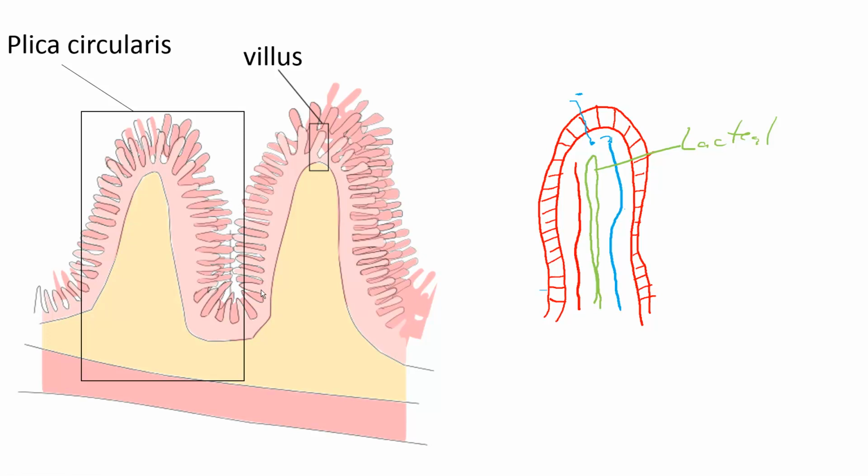So if we look at a micrograph of a small section of the small intestine, we see that it is a simple columnar epithelium. It is a goblet cell epithelium, so here we can see a goblet cell. But what I really want to draw your attention to is the apical surface of the mucosal epithelial cells, right here. See how it looks kind of fuzzy?